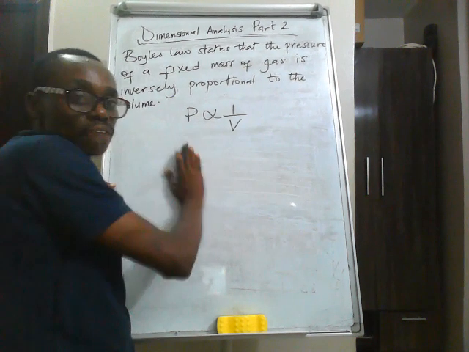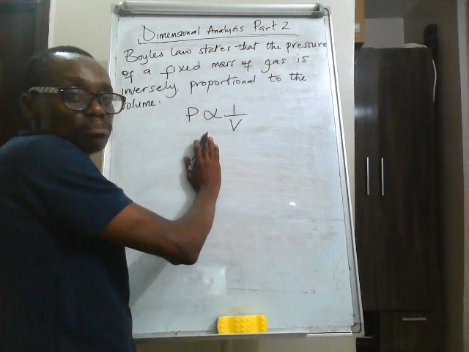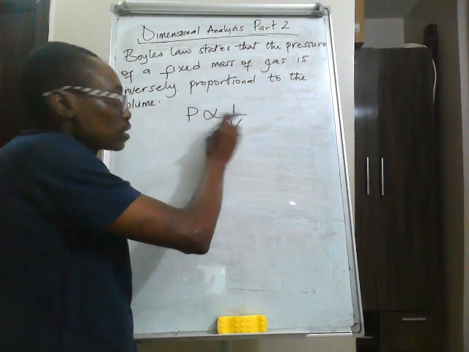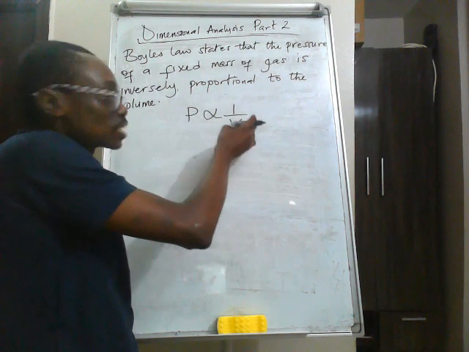Right now we're going to introduce an equality sign. When we introduce the equality sign and do away with the proportionality sign, we have to bring in the constant.